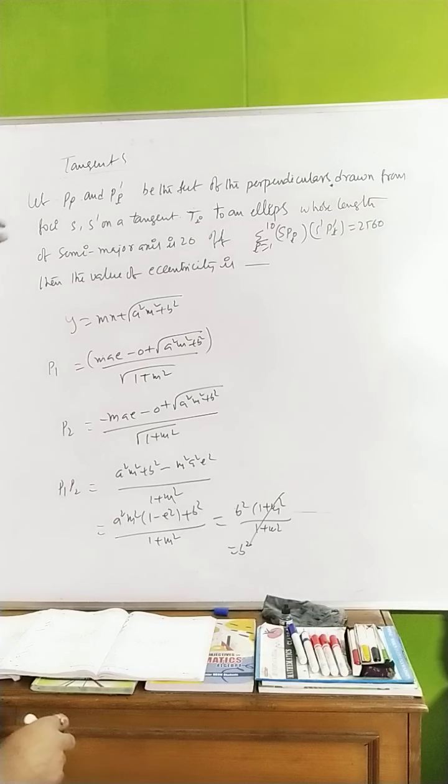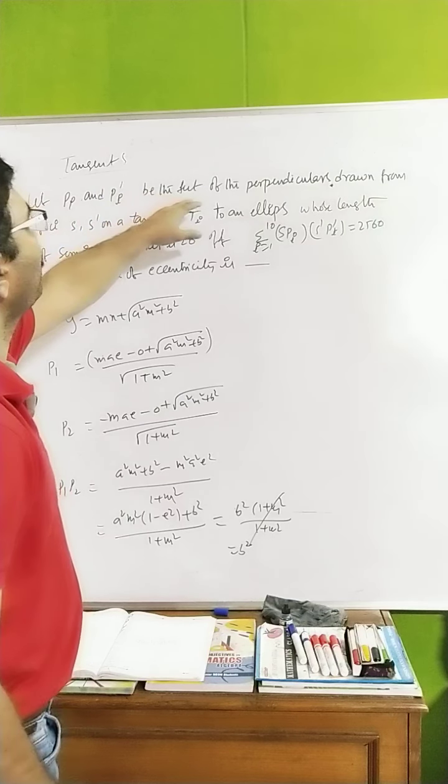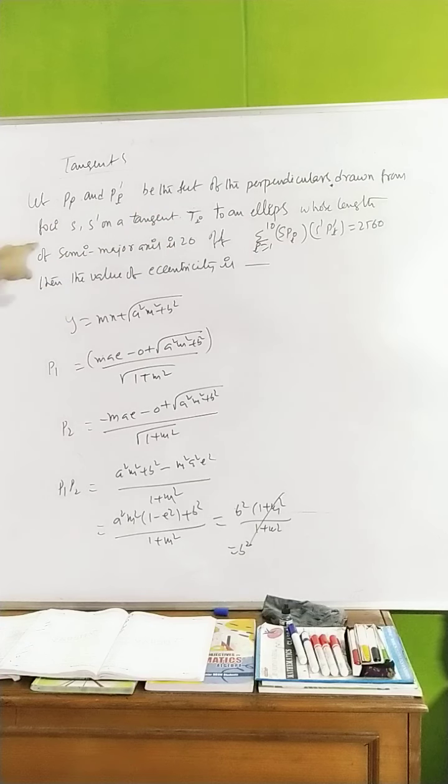Now what he said here, P dash is the length of perpendicular drawn from the foci to the tangent. We also did the same thing, it is b square here. How many times are there?